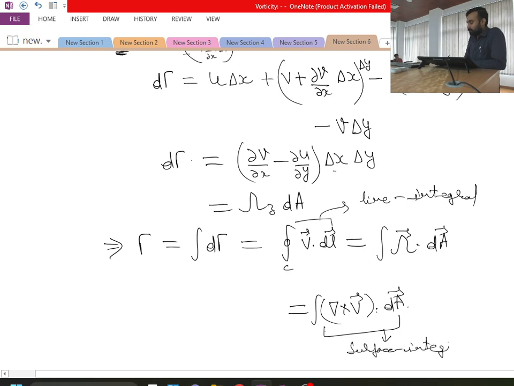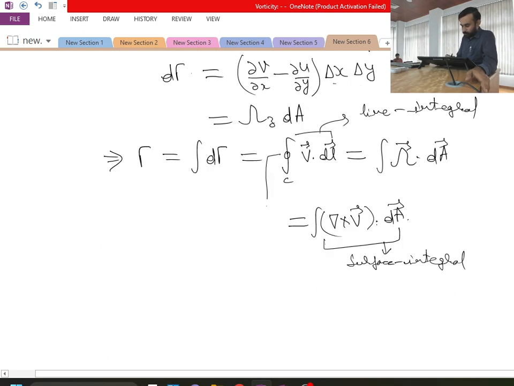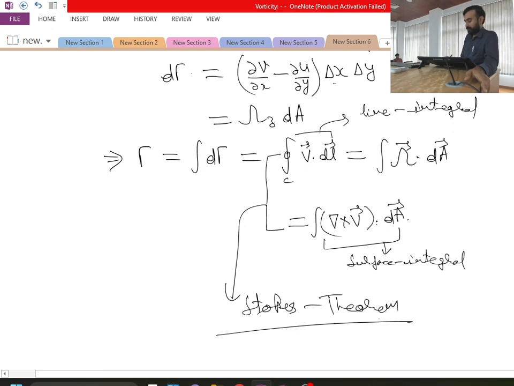Okay, so a theorem which connects the line integral and the surface integral is called Stokes theorem. So directly I can come from this point to this point with the help of Stokes theorem also. From vector calculus, if I use the Stokes theorem, then directly I can convert this line integral into a surface integral. Okay, so this is how we define the circulation in the flow.